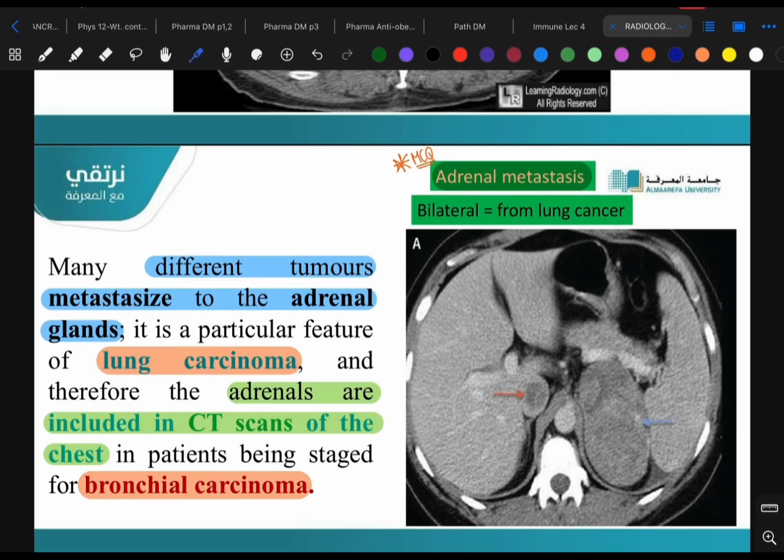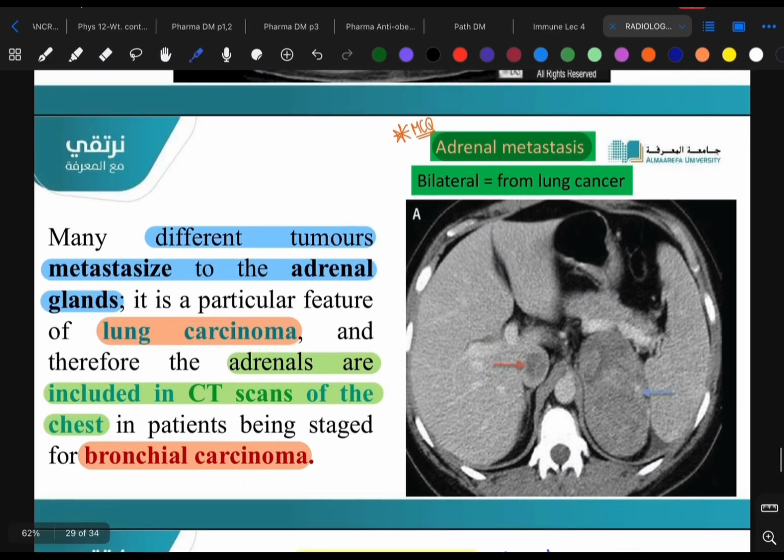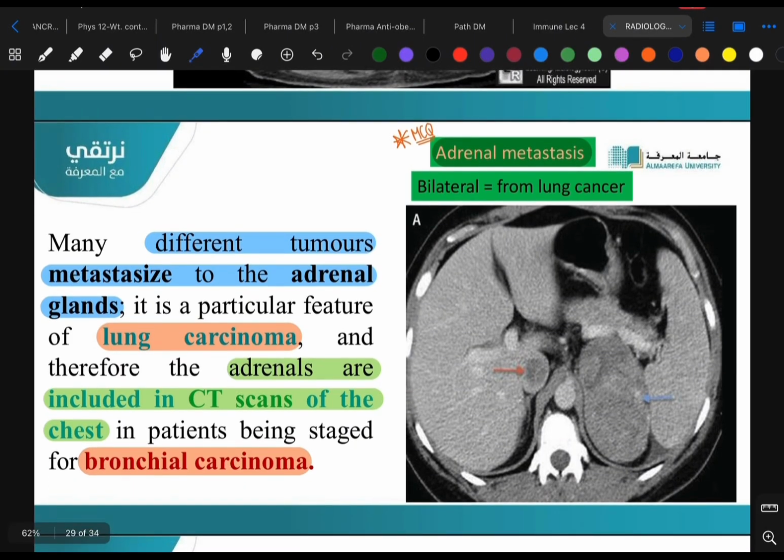So if a patient is diagnosed with bronchial carcinoma or lung carcinoma, the adrenal gland must be checked. Okay, so we have to see the adrenal gland in a CT scan or like a chest CT scan so we can see the adrenal gland. Okay. We must see the adrenal gland if there's a lung carcinoma or bronchial carcinoma. Okay, so this is very important.